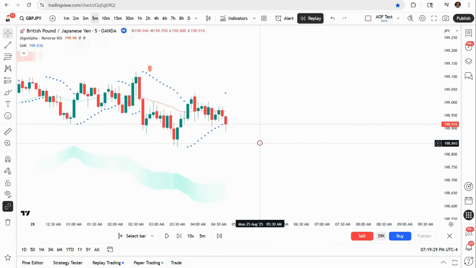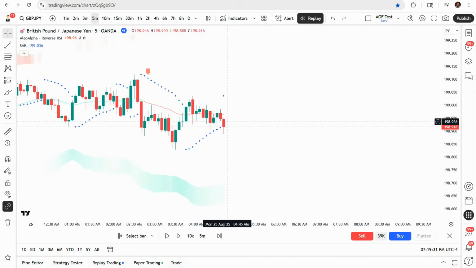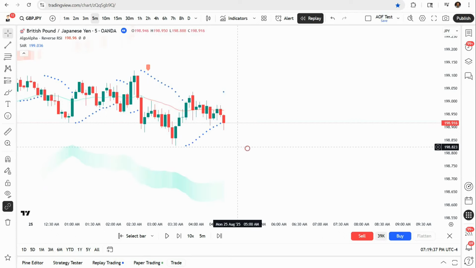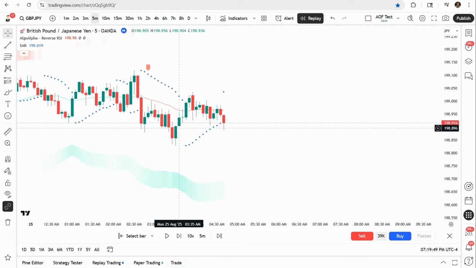And so for a short trade example, we're looking for when the midline of the RSI indicator is red, like it is here. And then what we're looking for is the parabolic SAR to have a pullback. So you can see that price starts to pull back right here. And as it does, the parabolic SAR jumps to the downside, showing that the short-term trend is going up.